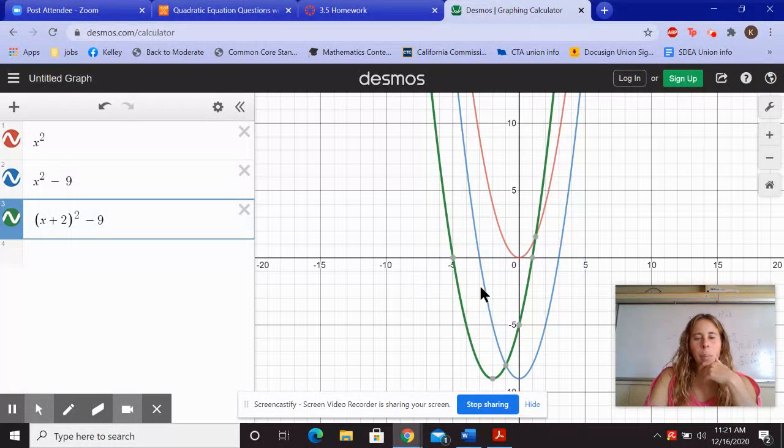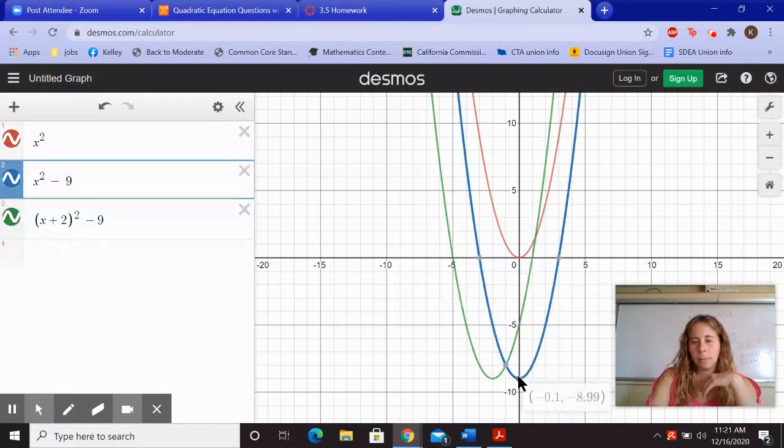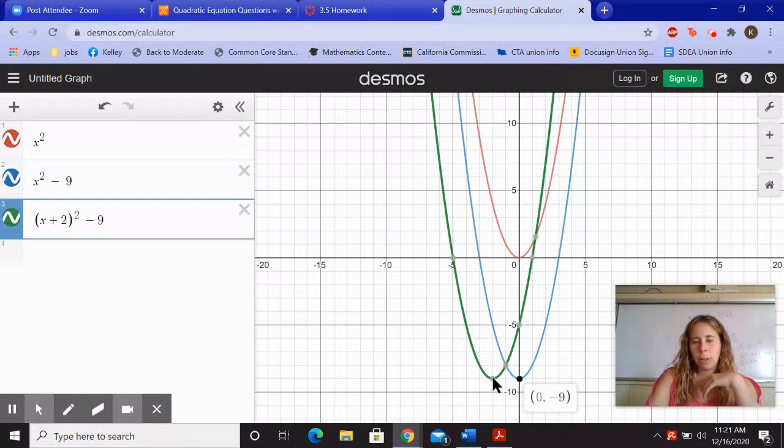So the green one and the blue one are exactly the same, except it's shifted to the left. There we go. Negative 2, negative 9, 0, negative 9. So it's just shifted 2 to the left. That's true with all the points.